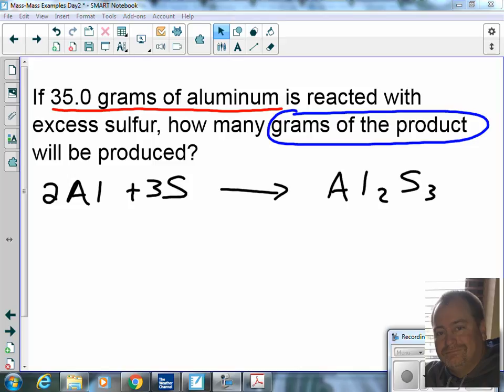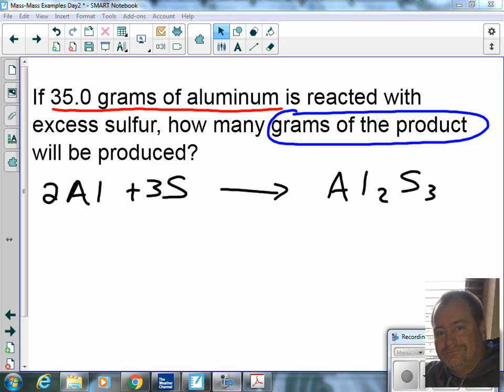I didn't get 105. Anybody get something different? I got 150.158076. Okay. All right, you wrote it down wrong. There we go. See why we write everything down? Your whole problem would have been screwed up had you used that mass, right? That's why I don't just plug and chug in my calculator.